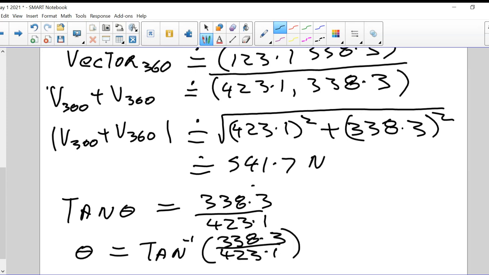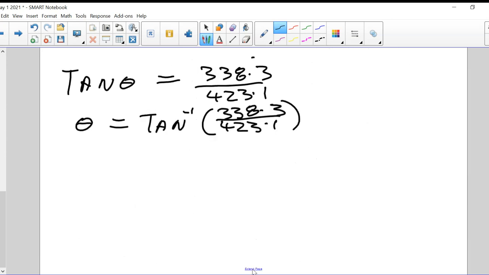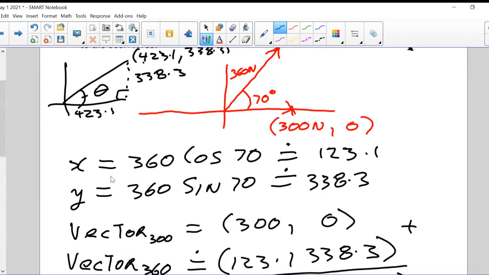Okay? Jordan and Ashvan are both right. Thank you, Jordan. Thank you, Ashvan. So what I want you to do now is quickly figure out what that angle is, because that's the angle away from the 300 Newton line, going towards our resultant vector, right?